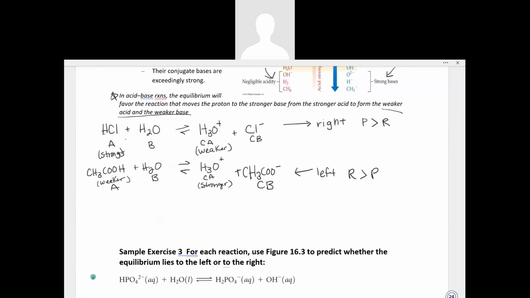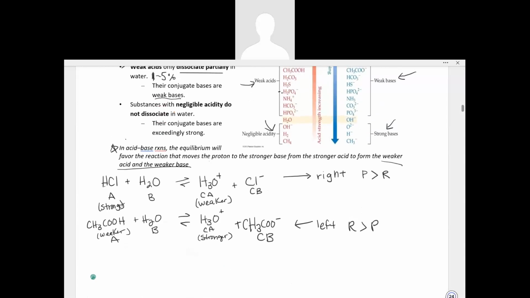So there's a couple examples here. The one on top we have with hydrochloric acid. That's showing us a strong acid here. And then we have this reaction below with a weak acid, acetic acid. So let's look at the strong acid here. It reacts with water, liquid water, that acts as a base.